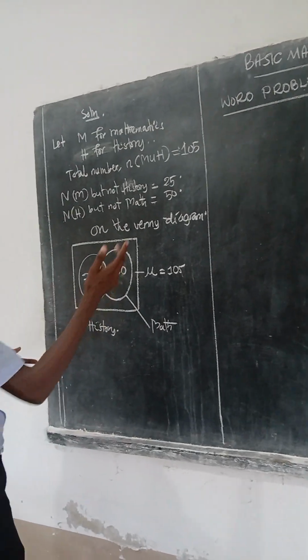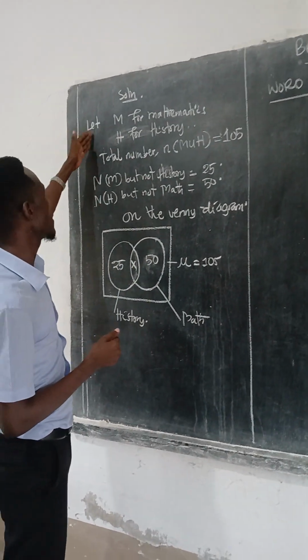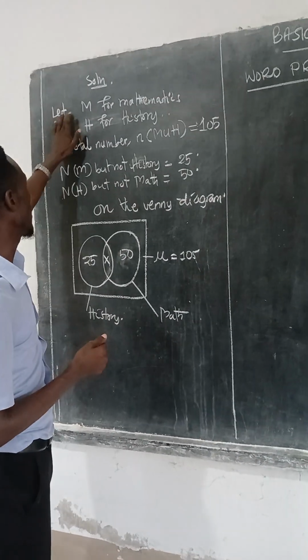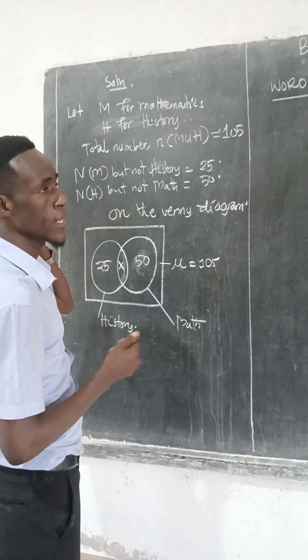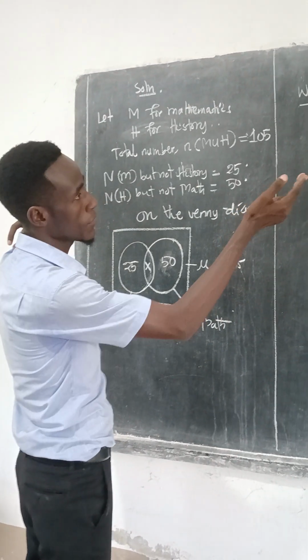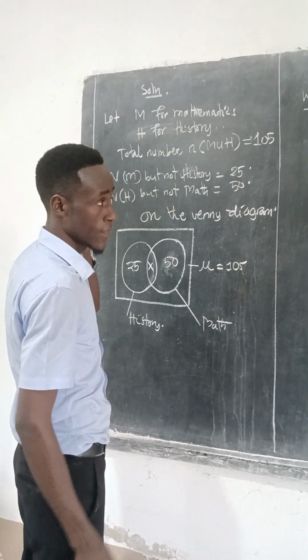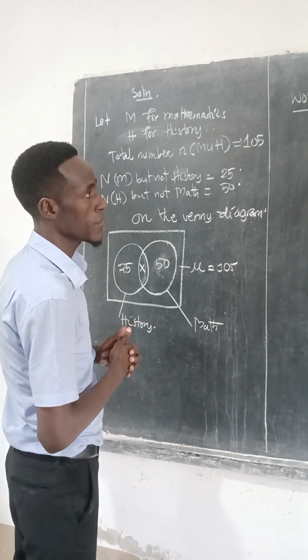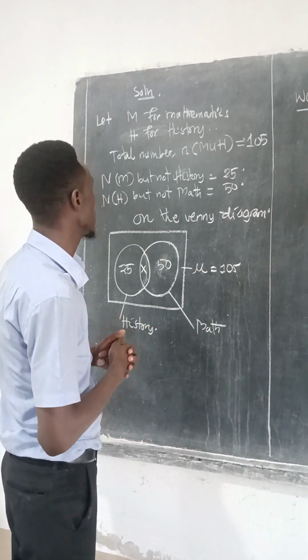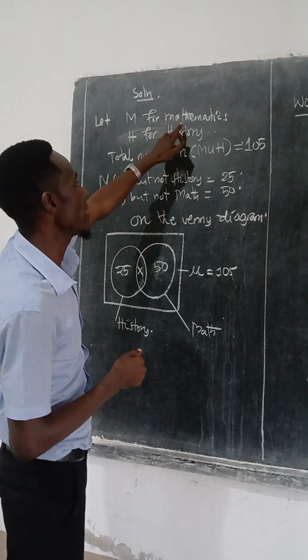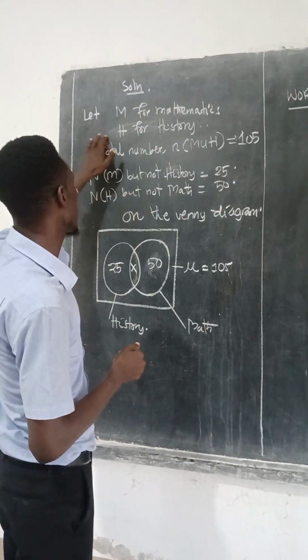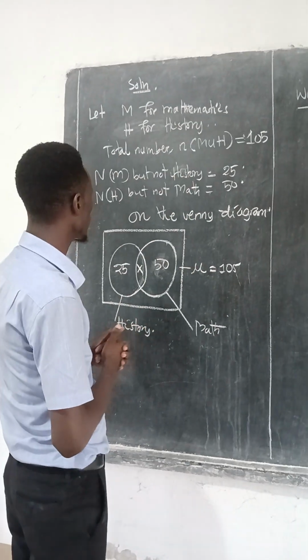First of all, on this kind of question, you have to consider the scenarios that have been given. Let M be the students who took basic mathematics, and H the students who took history.